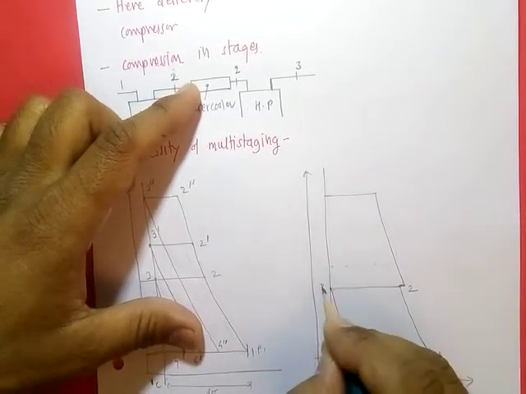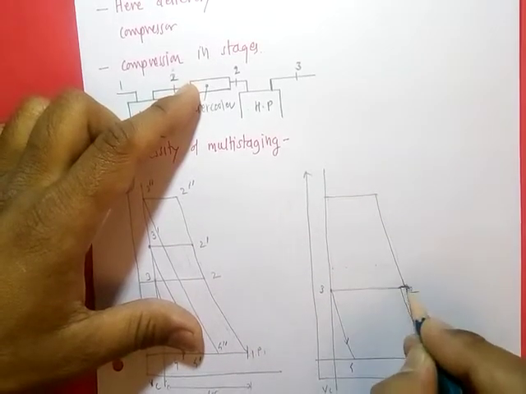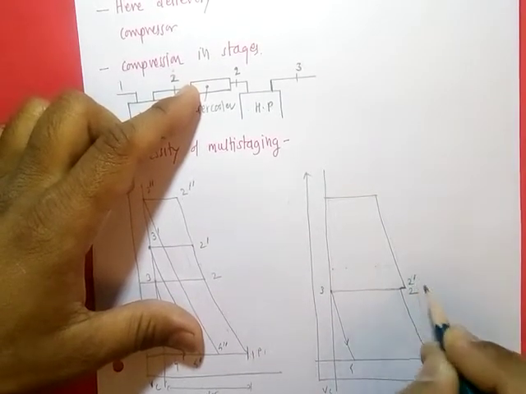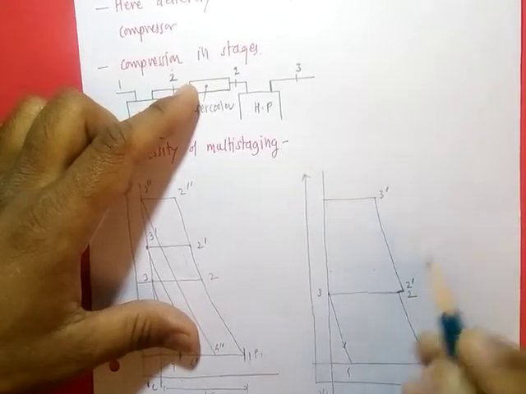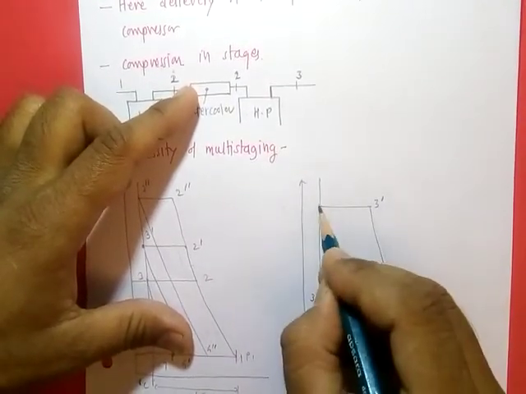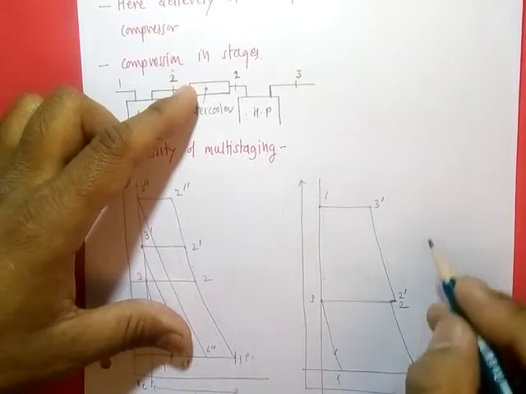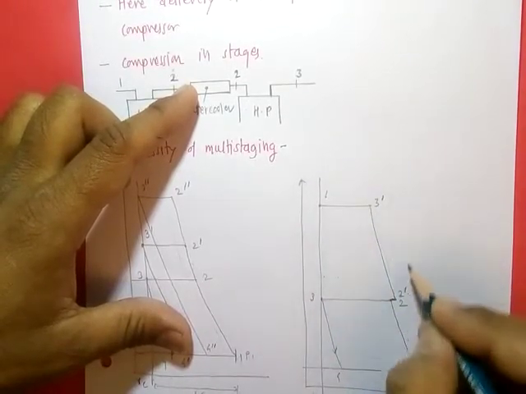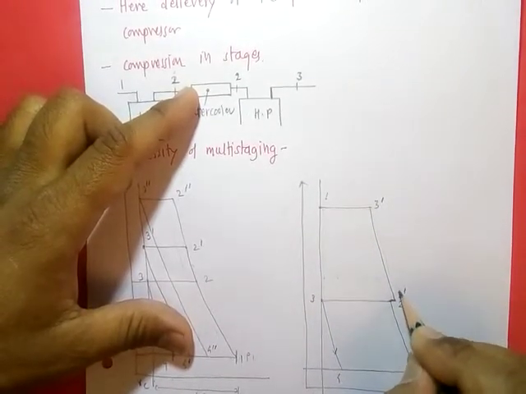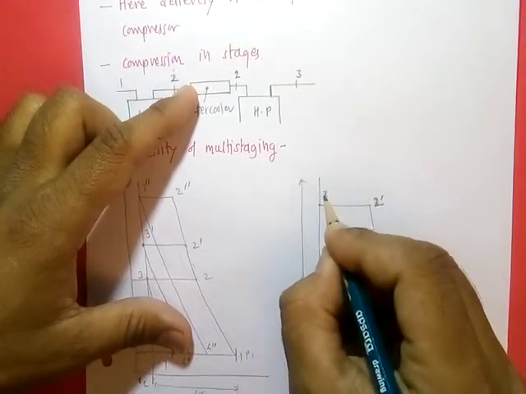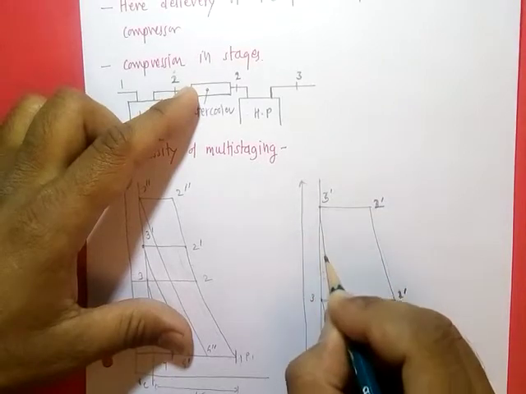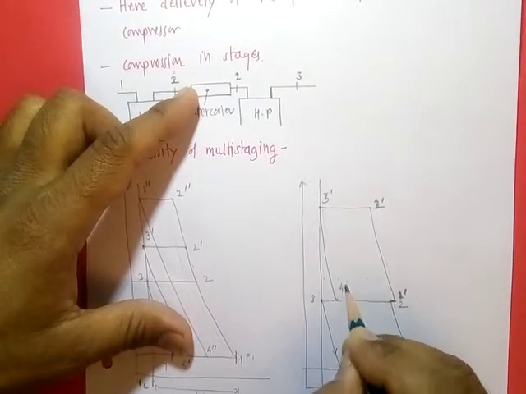So this is 3 4 dash, and here again suppose this is 2 double dash, and after that compression up to 3 dash. So this is 1 dash, then this is 2 dash, and suppose this is 3 dash, and after 3 dash it will expand to 4 dash.